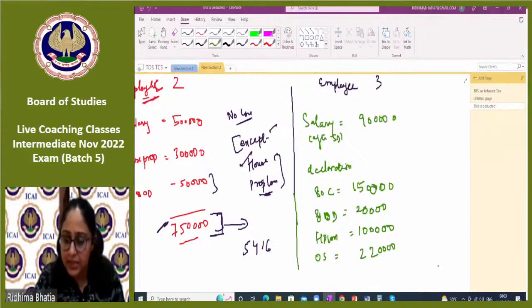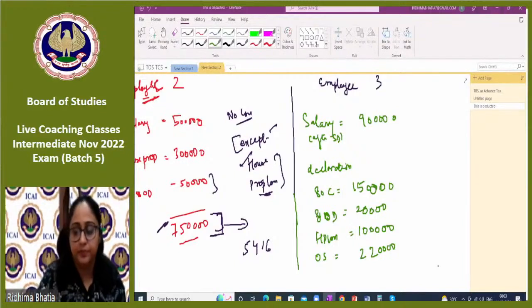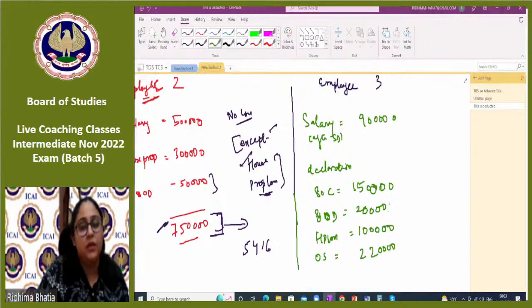Nine lakh minus 150 and 20, 170, minus 1 lakh. Basically, first you have to do 9 lakh minus 1 lakh plus 220 minus 150 minus 20, 8,50,000.